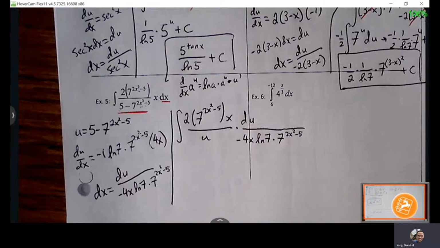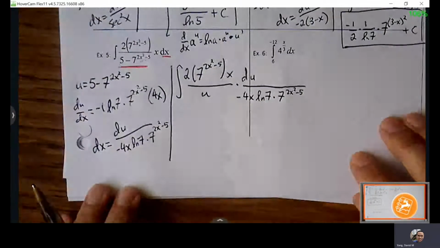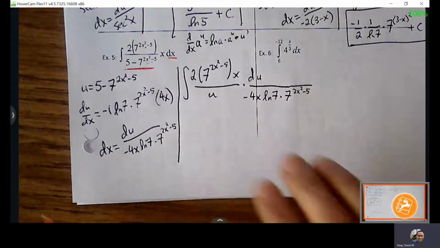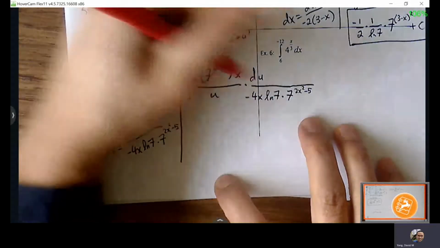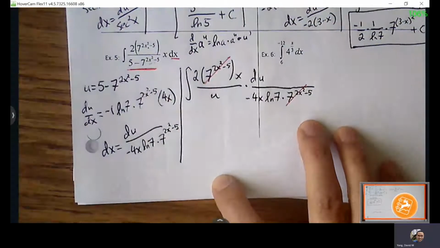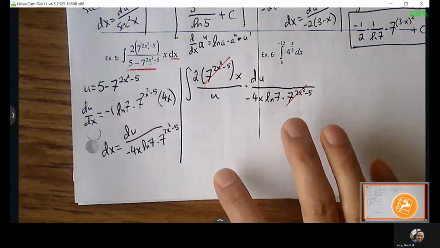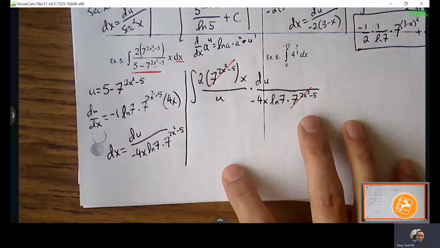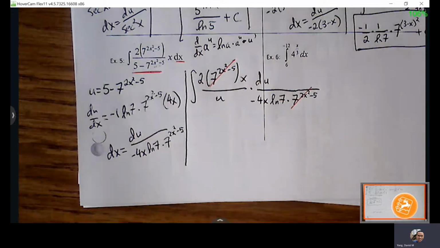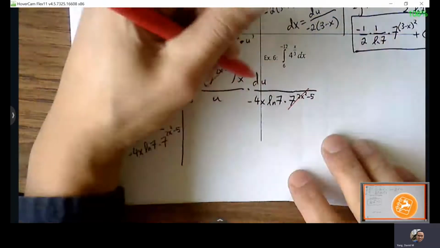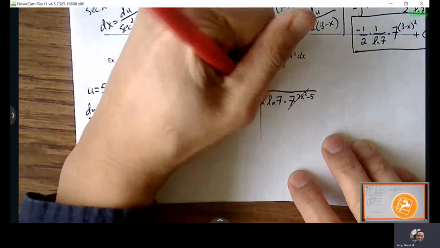Okay, what do you guys see here? Good, right? So that's a big part that we definitely needed to go away. What else? Yeah, 2x and 4x. I think we can deal with the 2 and -4 later, but the important thing is that the x's go away, right? That's important.